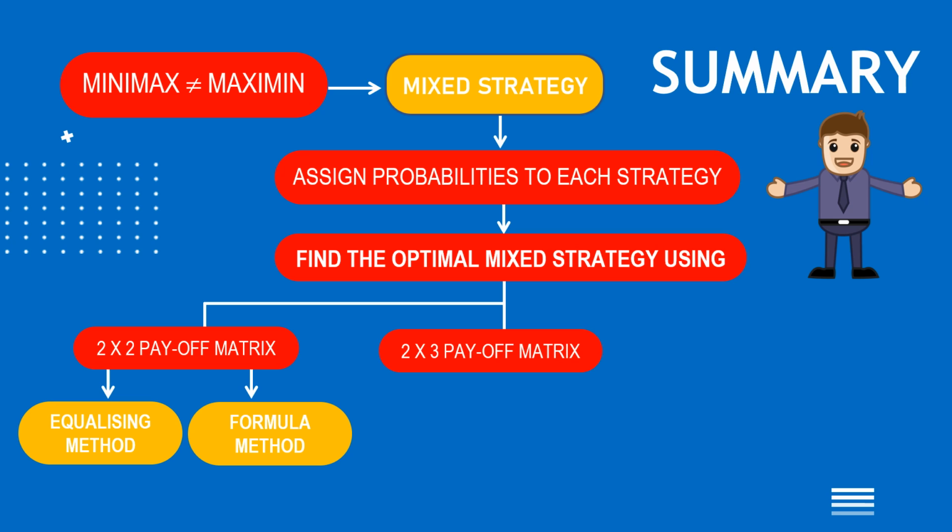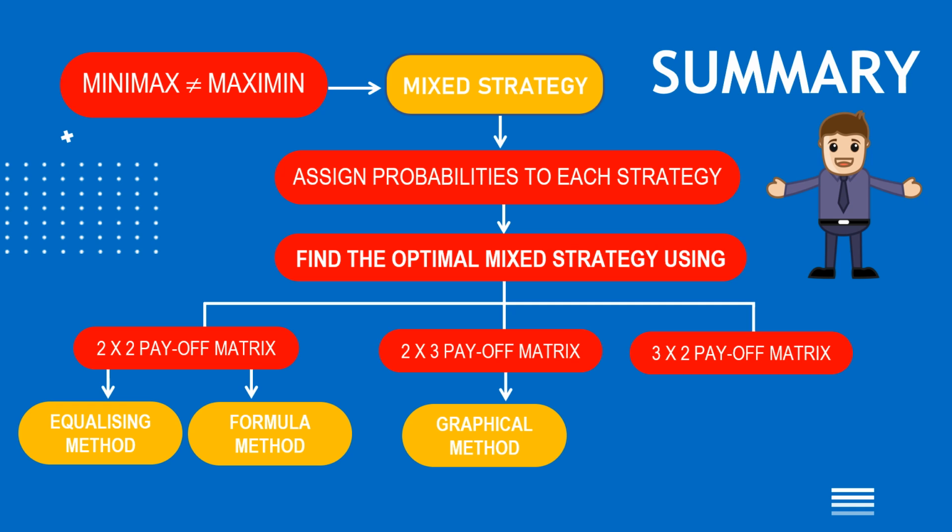If we have a 2 by 3 payoff matrix, we use the graphical method. And if we have a 3 by 2 payoff matrix, invert to a 2 by 3 payoff matrix and use the graphical method.